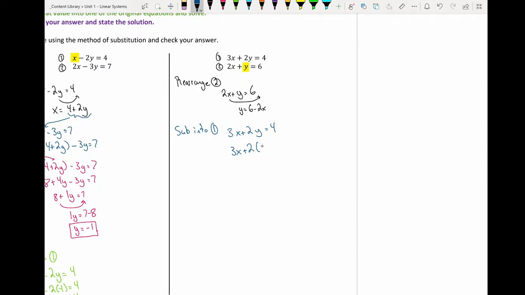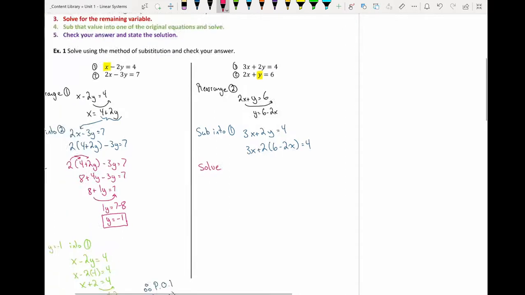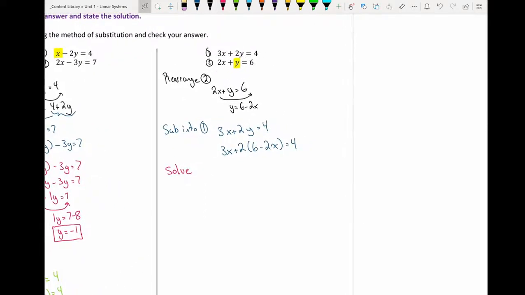So I'm going to replace the y with 6 minus 2x equals 4. I'm going to solve now. So I'm not going to rewrite it just because I'm adding more space, but I'm going to start to go through and solve. So I'm going to distribute this property. So I get 3x plus 12 minus 4x equals 4.